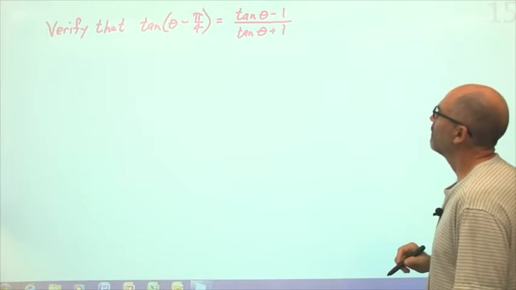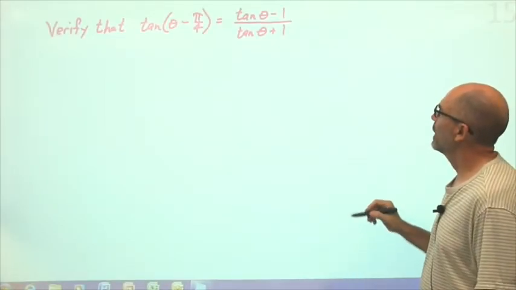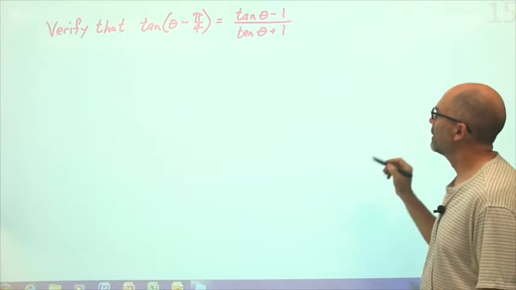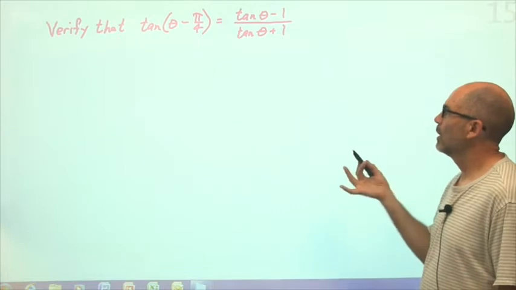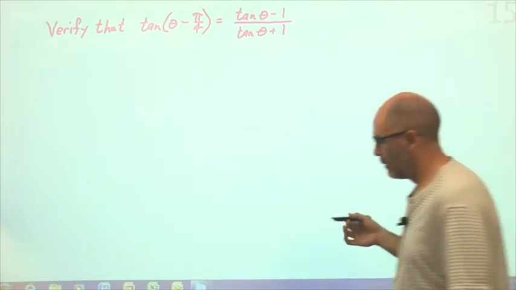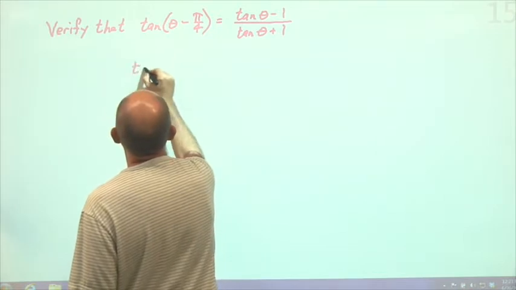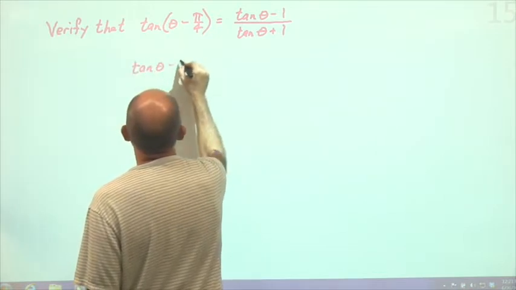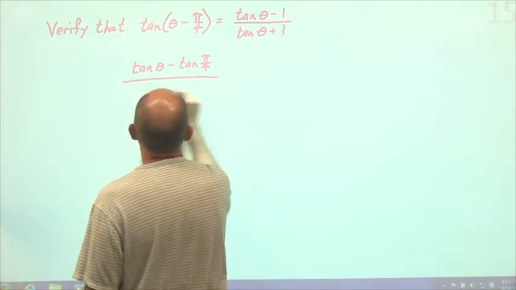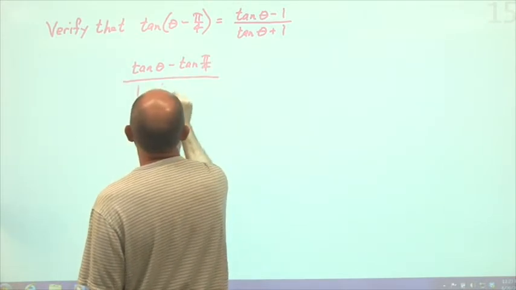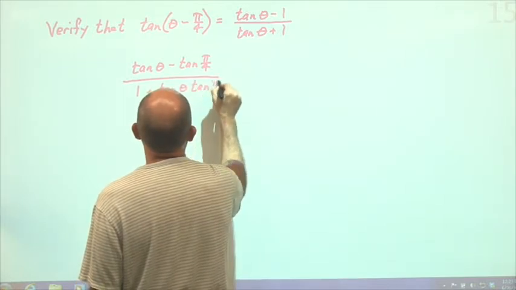Okay, now verify that tangent of theta minus pi over 4 equals tangent theta minus 1 over tangent theta plus 1. Okay, well, let's do our trig identity here. So tangent of theta minus pi over 4 equals tangent theta minus tangent pi over 4 over 1 plus tangent theta tangent pi over 4.